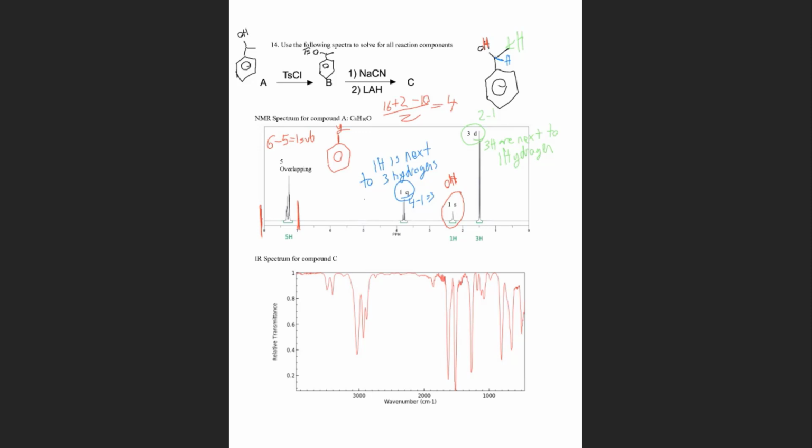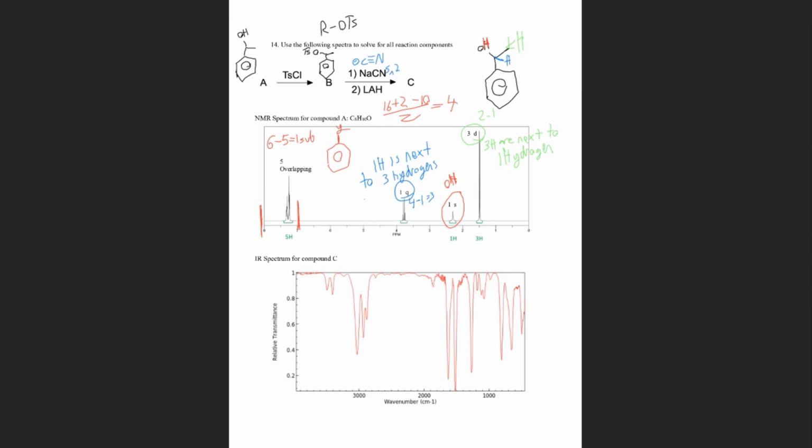I guess I wrote it backwards, so it could be sT. I don't know. If I wrote it like this, it'd be ROTs is how it's normally done. So this is now a leaving group. So what type of reaction is step 1 of this next process? Does anyone else agree that this is SN2? C≡N minus, that is a great nucleophile. It is going to attack. The leaving group is OTs. So it is SN2.